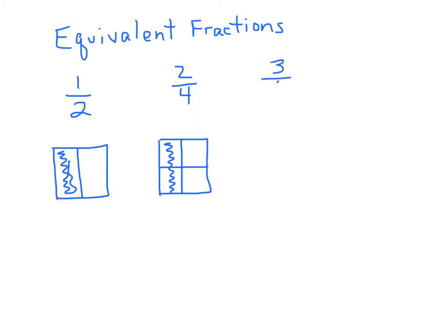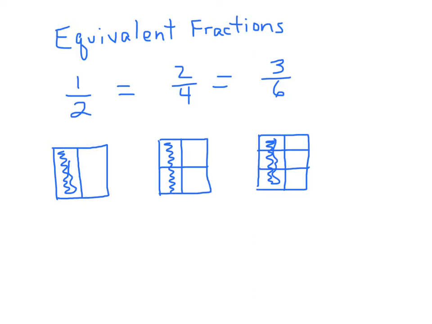I could do the same thing with 3/6. Once again, I'm trying to draw a square that's about the same size, and if I divided this up into 6 equal pieces, as best as I can, I could shade in 3 of them, and once again I have the same amount of each one of these squares shaded in. So we would say that each one of these fractions, 1/2, 2/4, and 3/6, they are equivalent fractions.